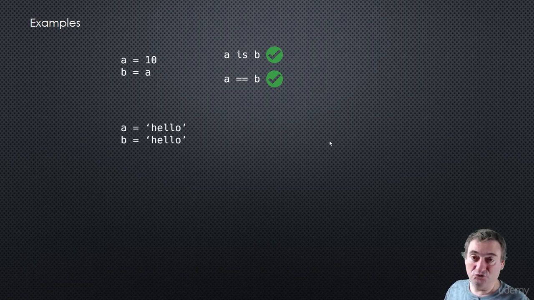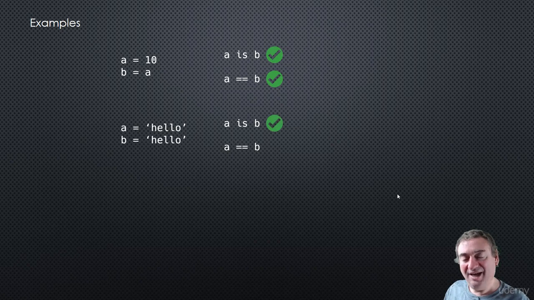Let's say we look at two strings. Now, this is kind of a special case. If we look at a is b, if you remember the previous video, we mentioned that the Python memory manager is actually going to create a shared reference with this string. So a is b is actually going to return true in this case. But, as we'll see later, do not count on it.